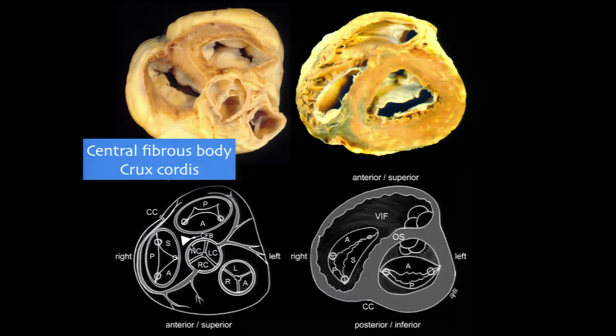The reason why it is important is that the membranous septum is a septal extension of the central fibrous body. If you remember the position of the central fibrous body, you will be able to remember where the membranous septum should be every time.